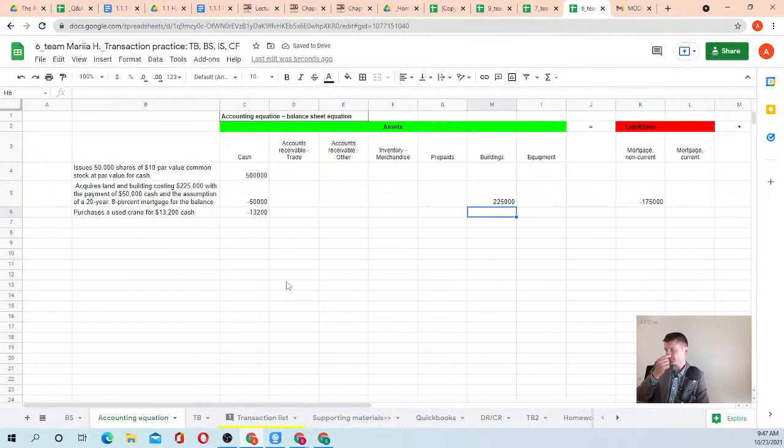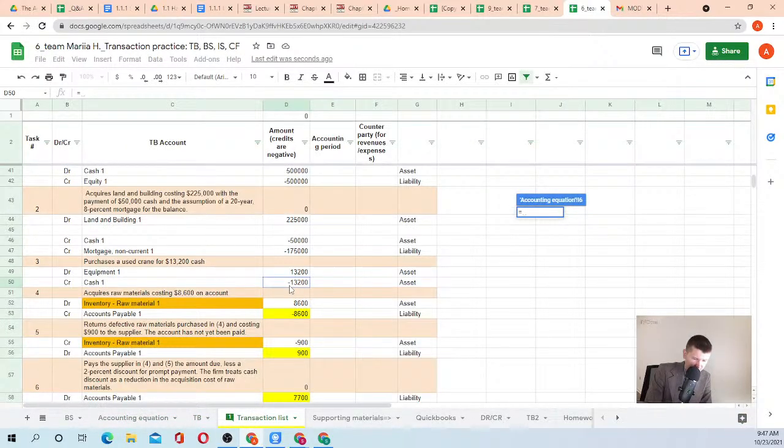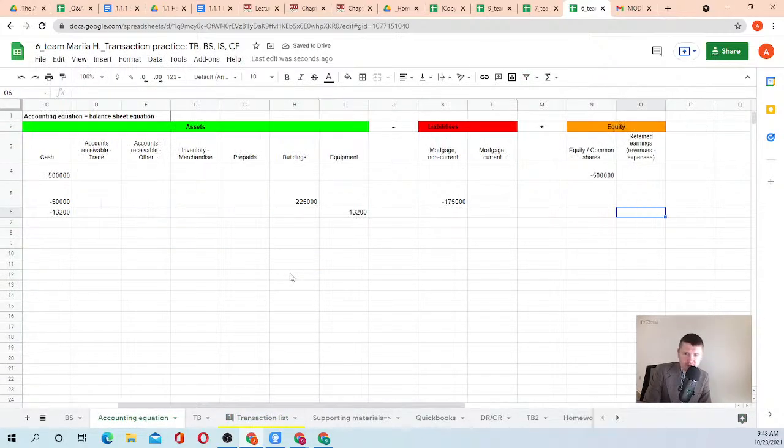And we got some equipment. Transaction list, equipment. So you see in that transaction, we do not have impacts on equity or liabilities, but the equation still works because 0 is equal to 0.